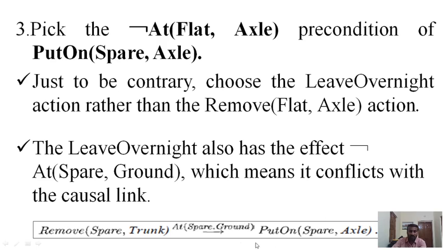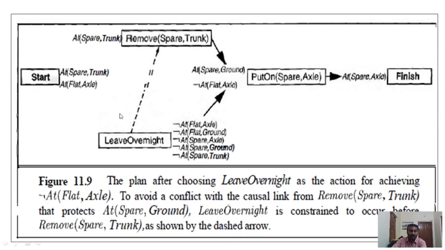So all these concepts mean that A achieved P for B: before completing this one, it is achieved in that one. If you want to put the spare on the axle, first we want to remove the spare from the trunk and you must put it on the ground. If you want to satisfy this condition, then this is the third point.